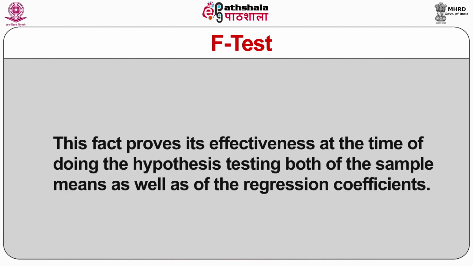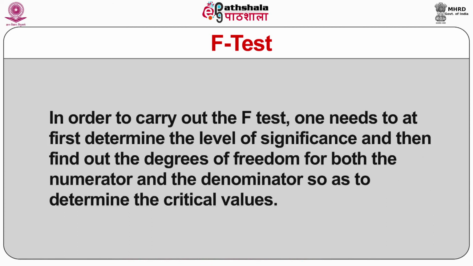This fact proves its effectiveness at the time of doing the hypothesis testing for both the sample means as well as the regression coefficients. In order to carry out the F-test, one needs to first determine the level of significance and then find out the degrees of freedom for both the numerator and the denominator so as to determine the critical values.